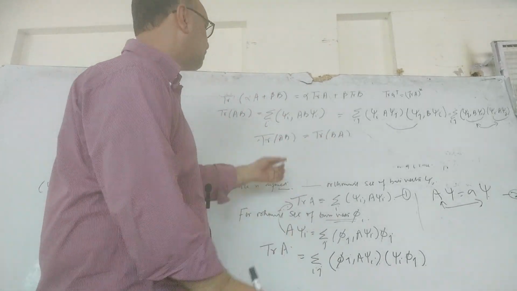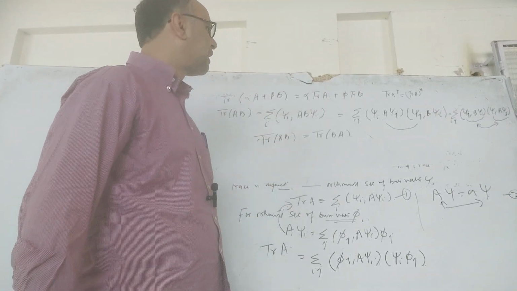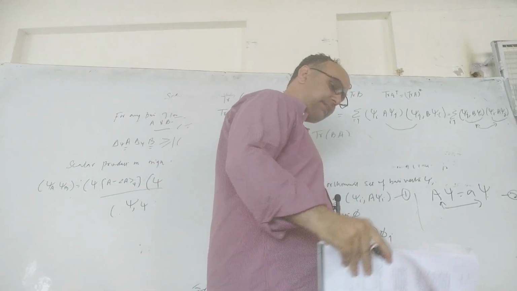So it doesn't matter the order of these operators inside the trace; that should not change the total identity.